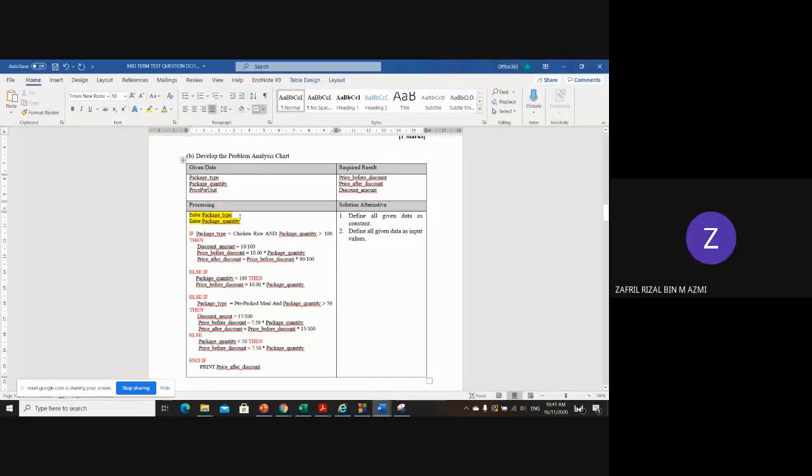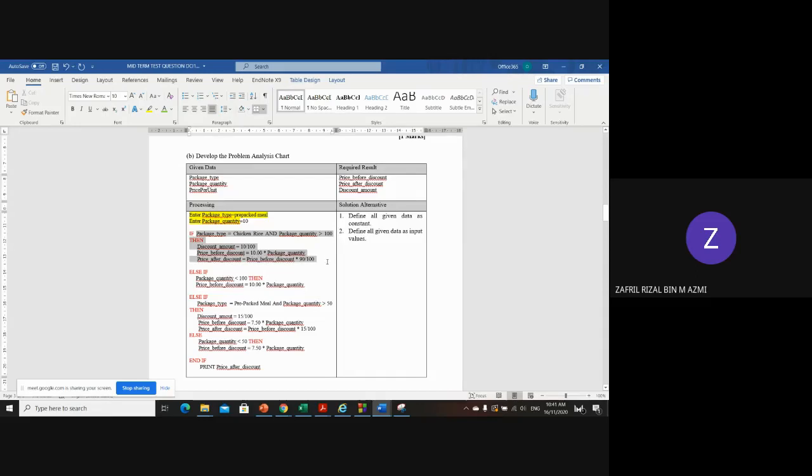Right now we are testing. This is the test data. The user enters pre-packed meal, and the user enters the quantity 10. So your friend's condition, this one is for chicken rice. If over 100, they will get discount.